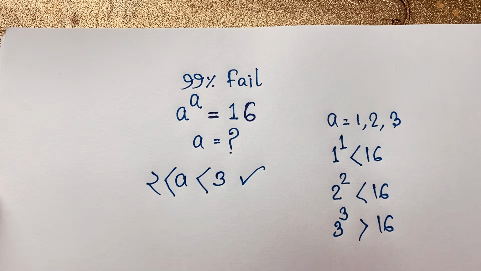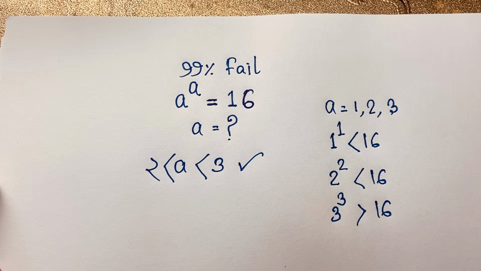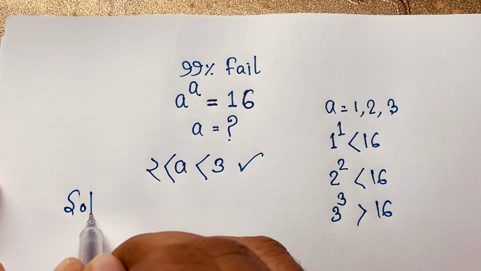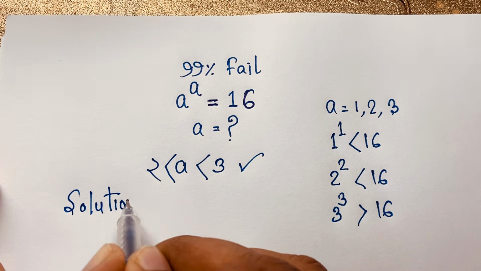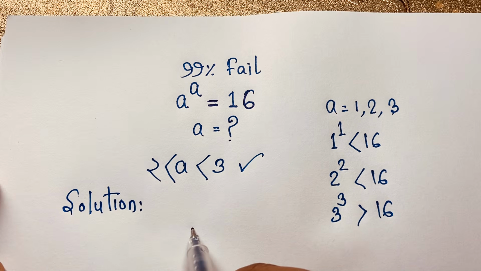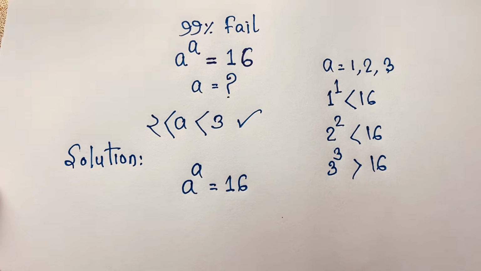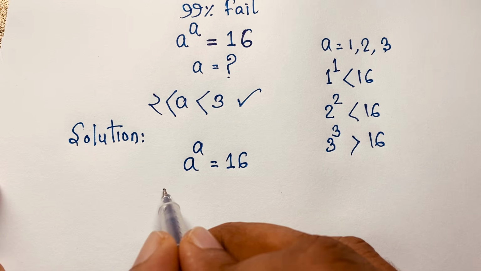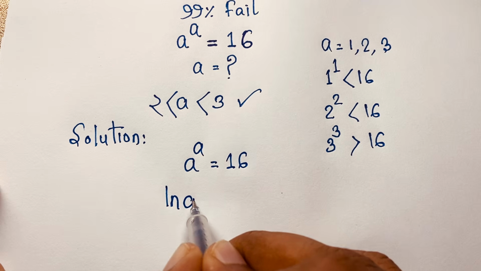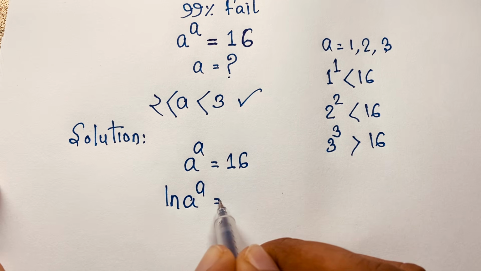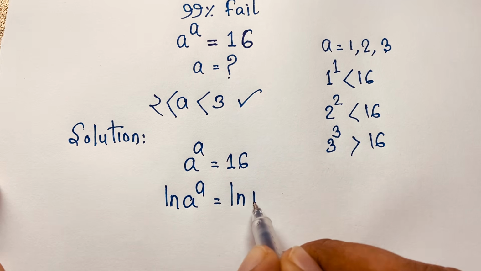Now I solve this interesting maths problem. Our question is a to the power a is equal to 16. Now I take the natural log on both sides: ln a to the power a is equal to ln 16.